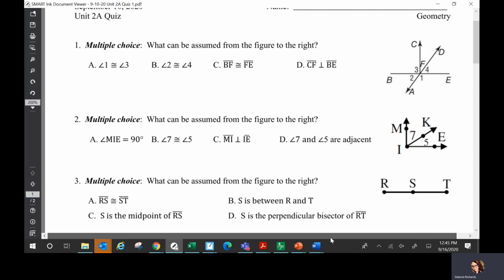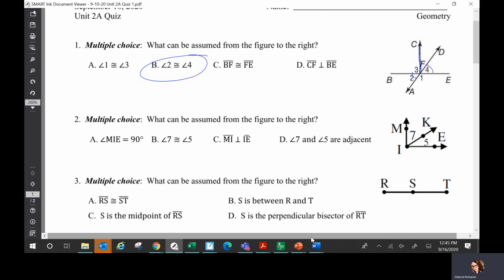Number 1, what can be assumed from the figure to the right? We don't know that 1 and 3 are the same because if you didn't have this line right here, they would be vertical, right? The only thing that you can assume is 2 and 4 are going to be vertical. So those two angles are going to be congruent. So that was B.